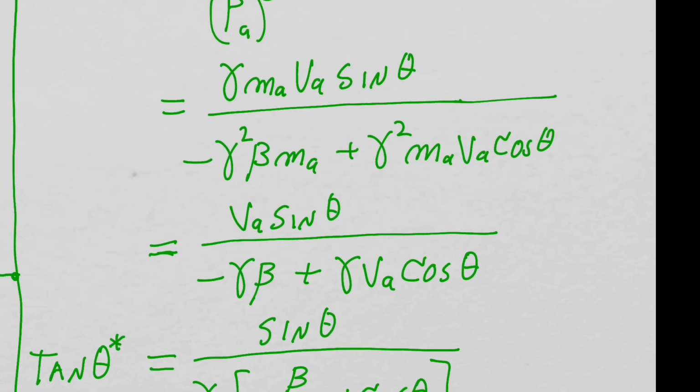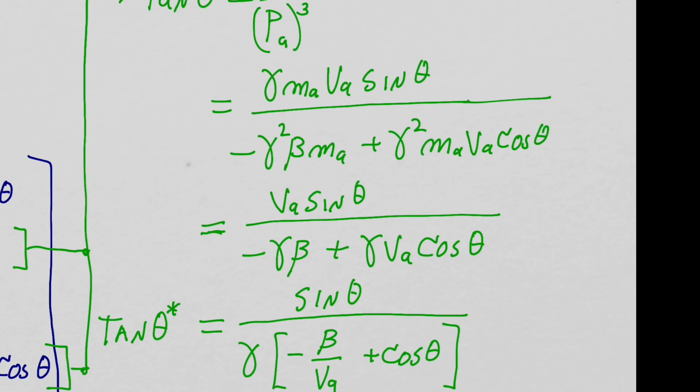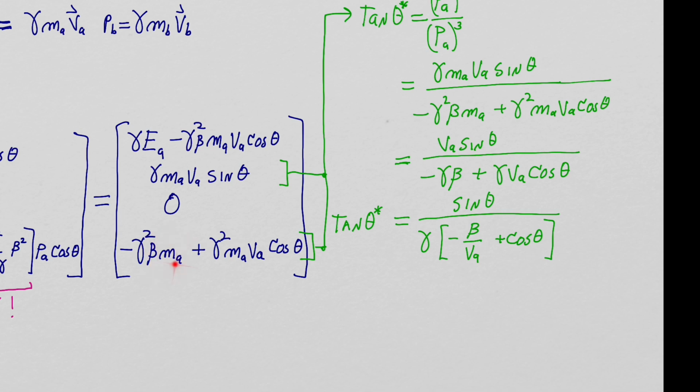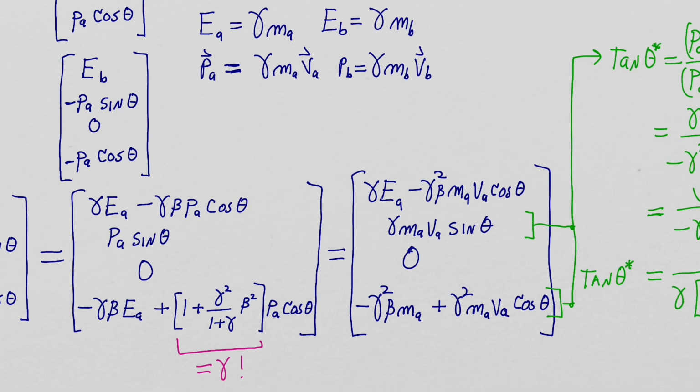And what we do is we end up with this expression. Now notice there are no momenta anymore because I've substituted gamma mA vA for momentum, and likewise for energy, I substituted gamma mA for this energy. So this EA goes to gamma mA, and that ends up there.